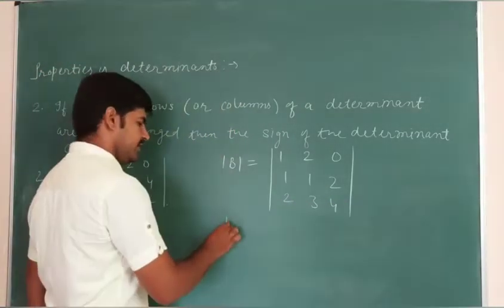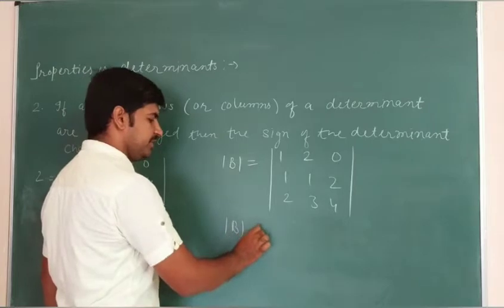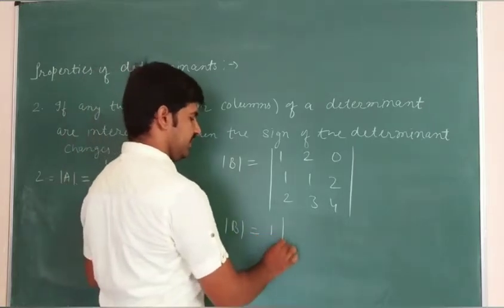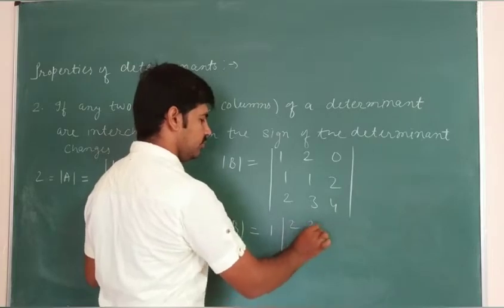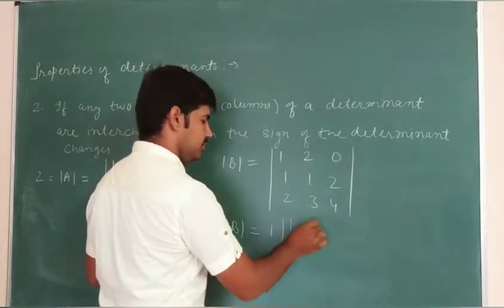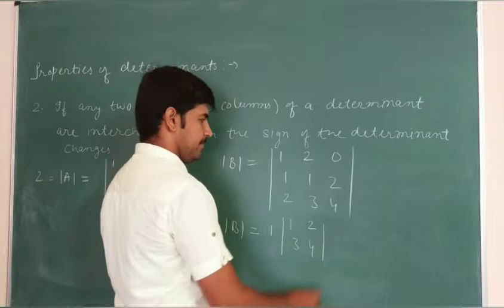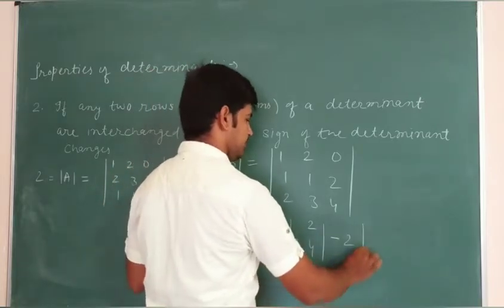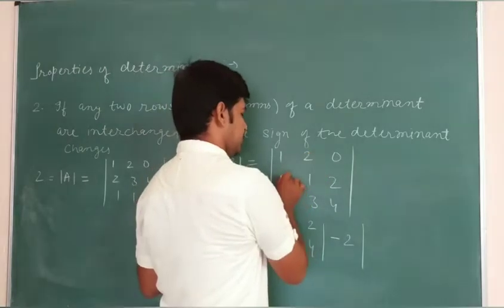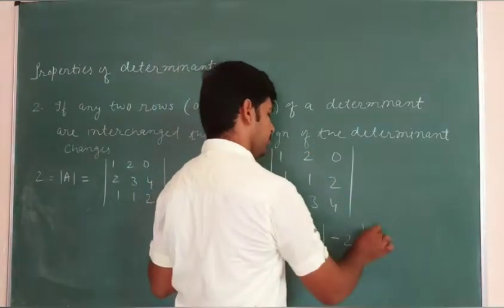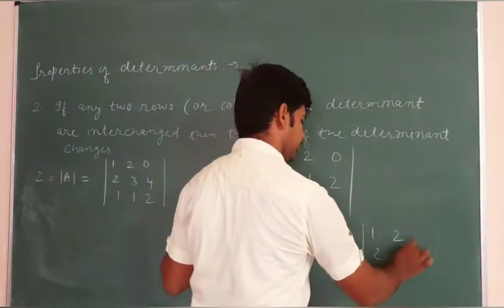Let us quickly obtain its value: 1 times the determinant 1, 2, 3, 4, minus 2 times the determinant 1, 2, 2, 4.